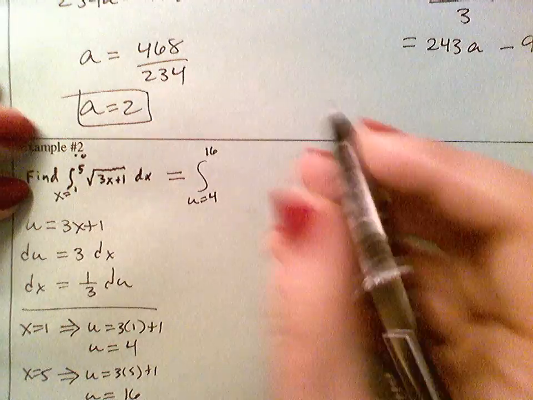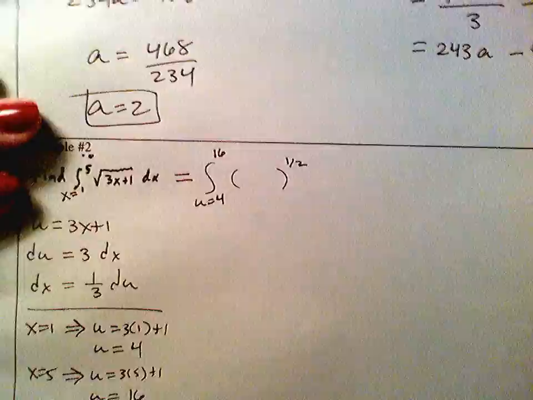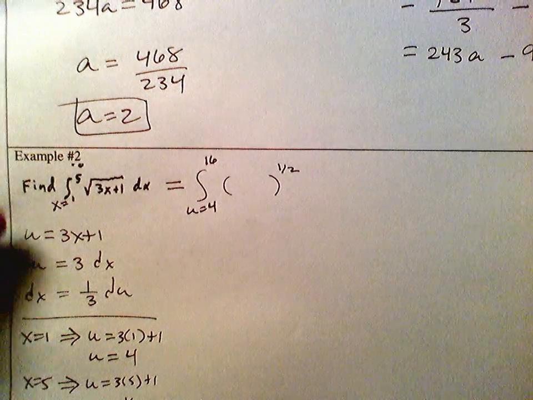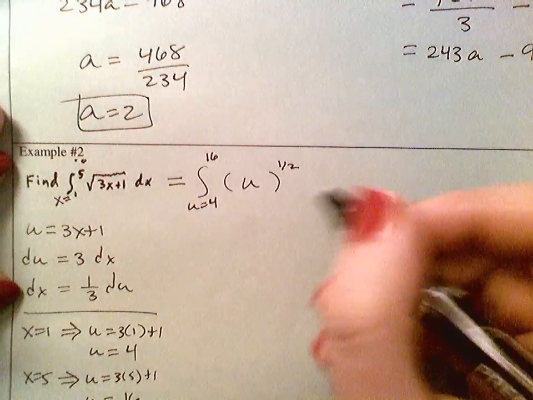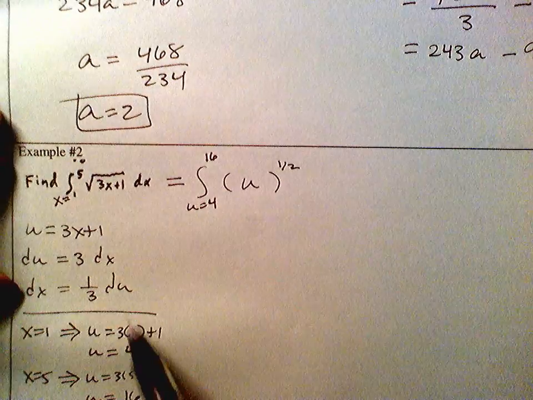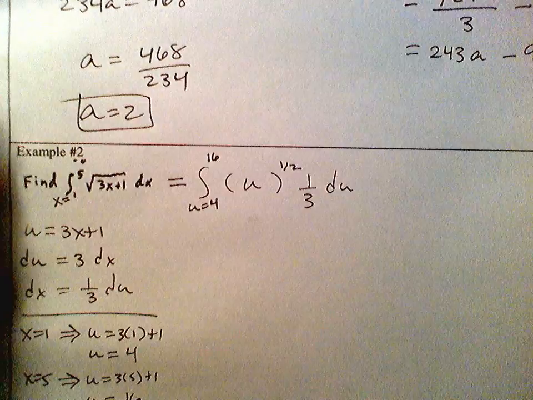Now I'm going to change the radical function to blank to the 1/2 because we're going to want to change it to that anyway, and then u goes inside there, and then I'm replacing the dx with 1/3 du.